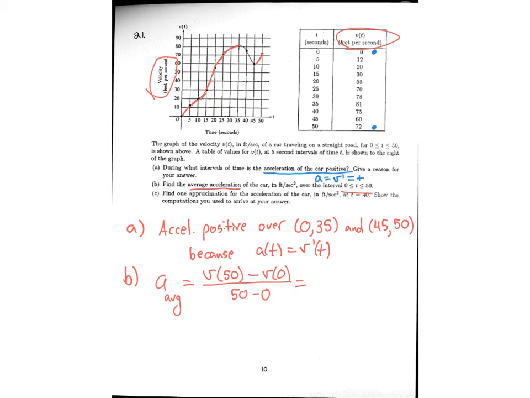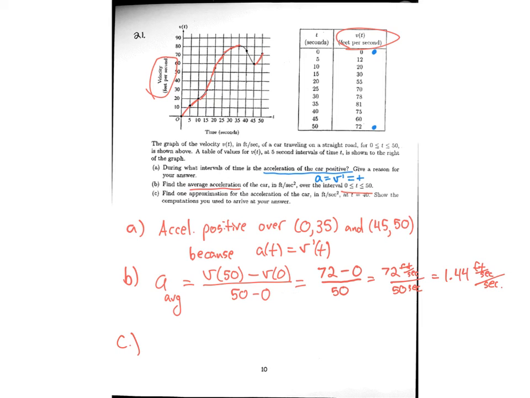So the velocity at 50 seconds is 72, and the velocity at 0 seconds is 0. So we're just going to write 72 minus 0 over 50. Then the average acceleration would be 72 feet per second over 50 seconds, which gives us 1.44 feet per second per second, or feet per second squared.